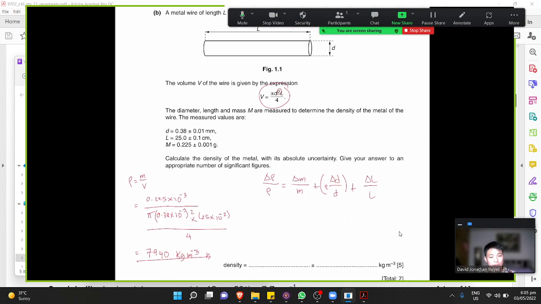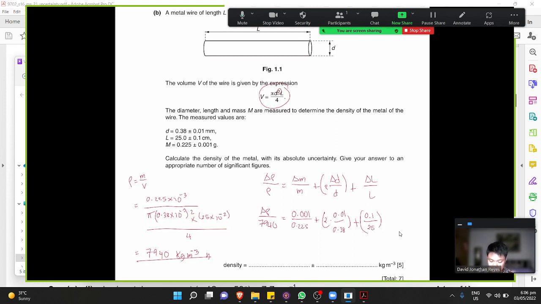The delta value is your absolute uncertainty, and the m, d, and L in the rho is your magnitude of that specific quantity. So here you'll have now delta rho over 7940. Delta m, that gives you 0.001 all over 0.225 plus 2 multiplied by 0.01 over 0.38 plus 0.1 over 25. Okay?